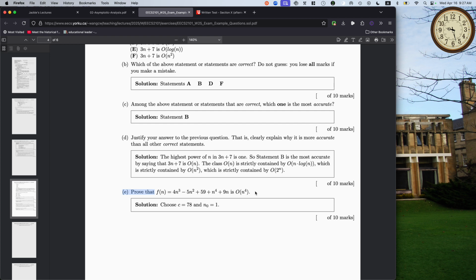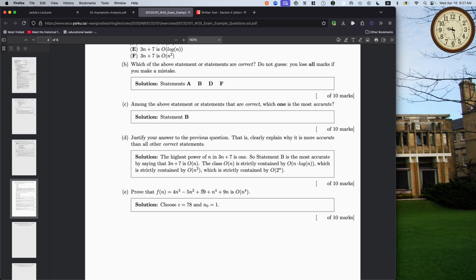I see what you mean. It could be 68, yes. Let me see. If you choose n0 equals 1, we get 4 minus 5. Yeah, I think you're right.